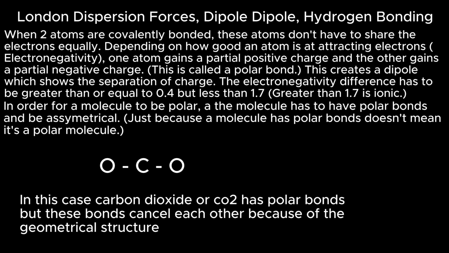So there's a dipole going from carbon to the oxygen on the left, and a dipole from carbon to the oxygen on the right. Now, these dipoles are going to cancel each other out because the net dipole is 0. So this specific linear geometric structure makes it so that CO2 is a non-polar molecule.